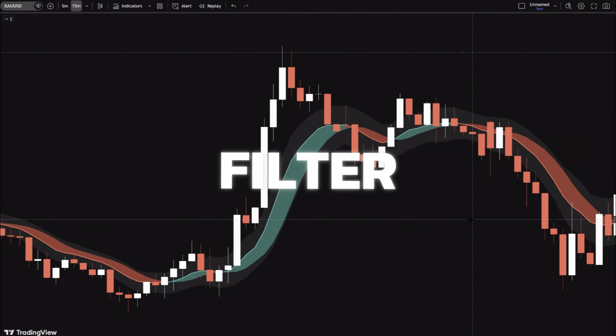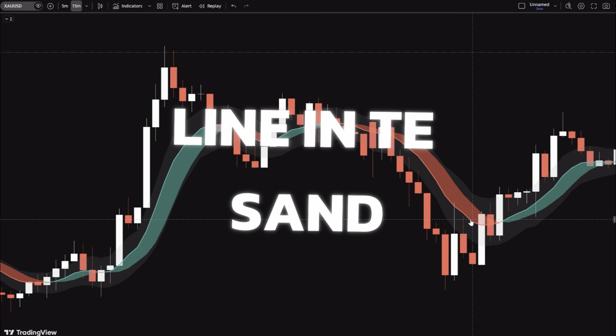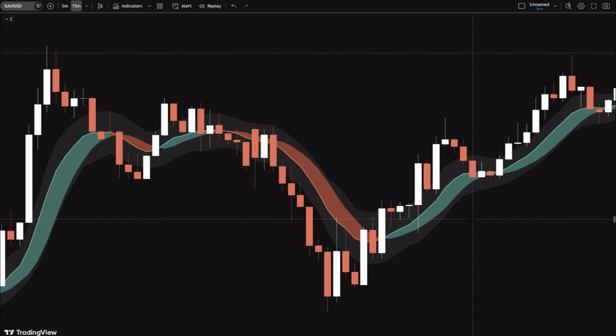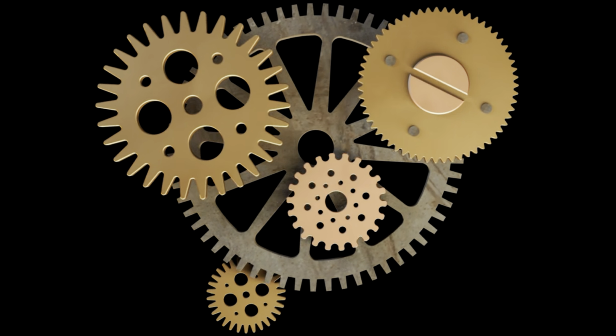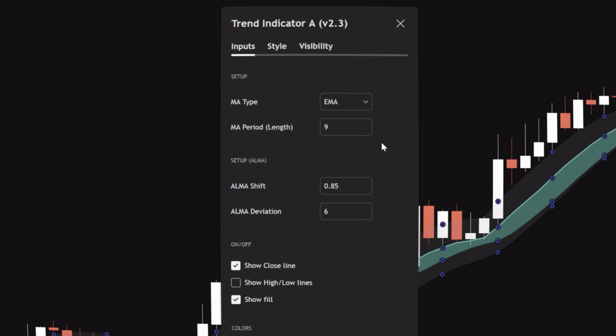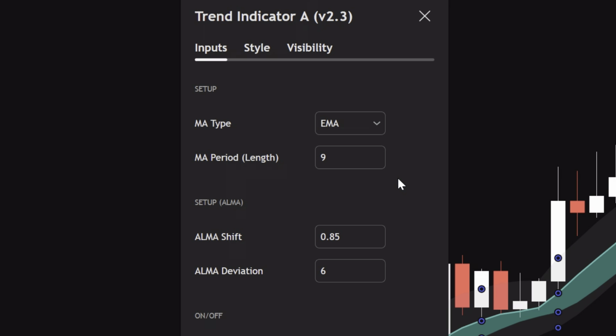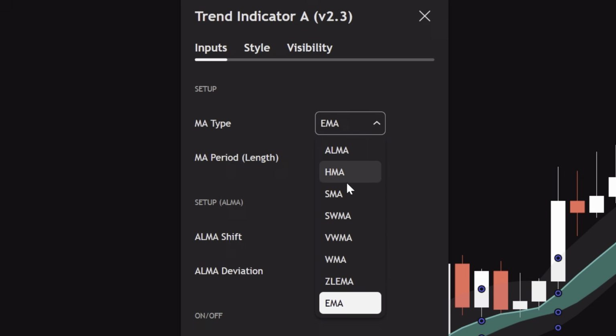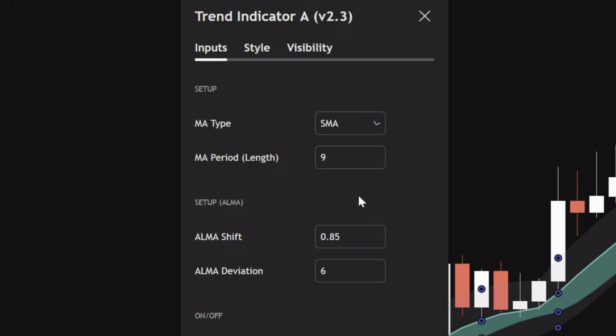This is your filter, your boundary, your line in the sand. The default settings are garbage. So here's what you change. Set MA type to SMA. Set MA period to 300.